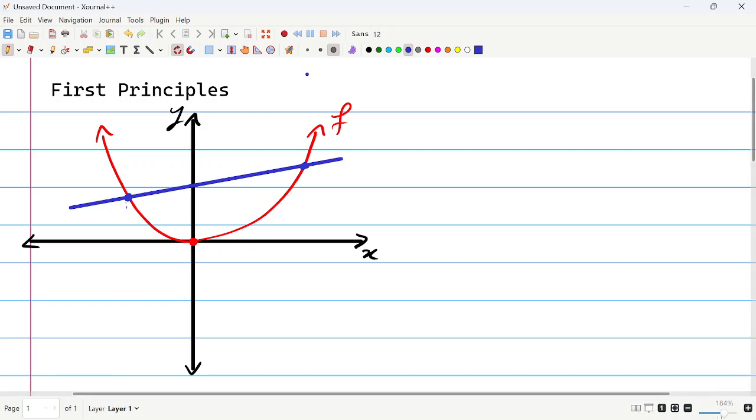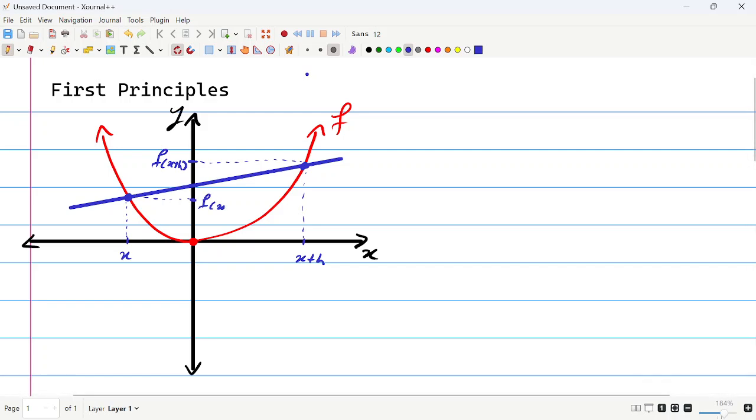Remember that what we had was this was the point x, and then this was the point x plus h from our average gradient, such that we had f of x plus h over here, at the point x plus h, and then here as the output for x, it would be f of x.